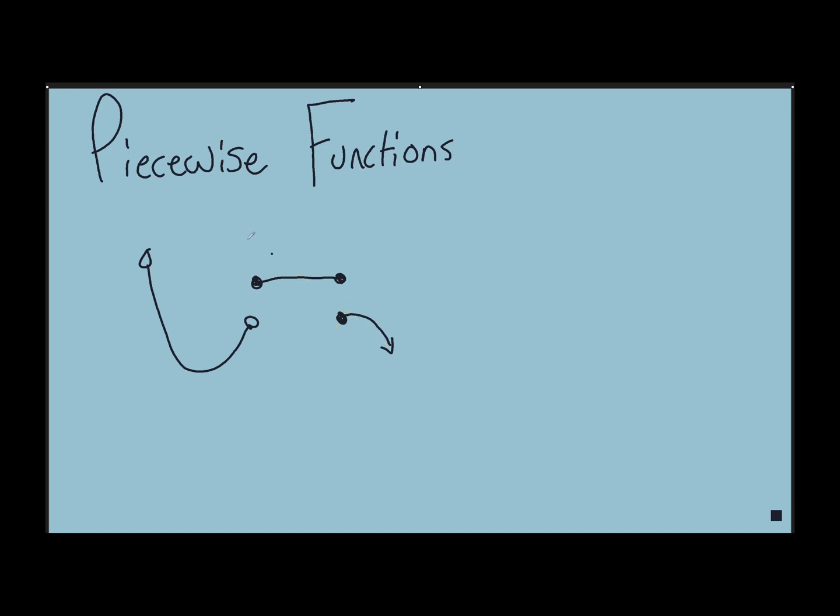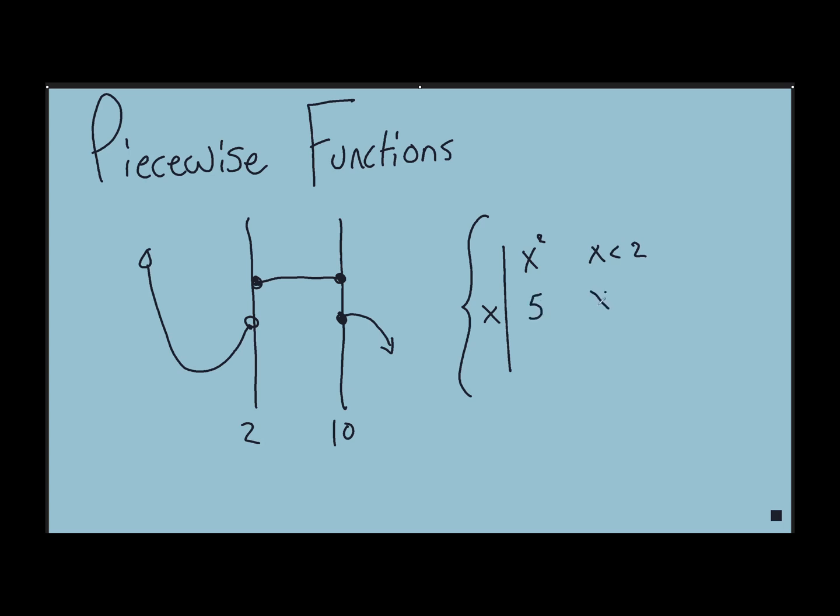And the best way to look at that is I'm going to give these some random x values here so you can see, like, here's an x value of 2 and here's an x value of 10. Now, if I'm making a domain up and I say, you know, this function for x is like x squared if x is less than 2, and it's 5 if x is between 2 and 10.